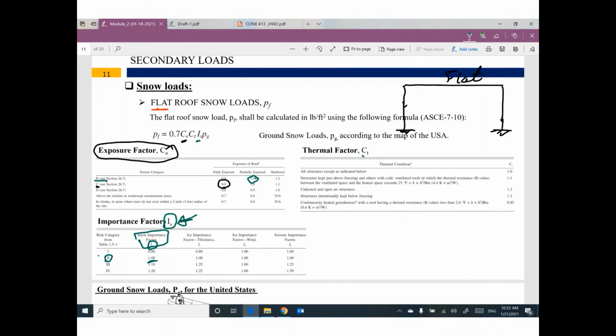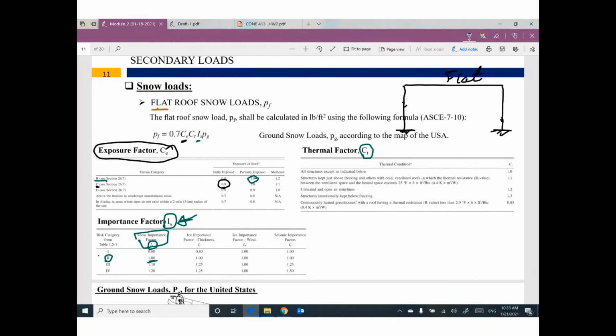CT is the thermal factor. Based on what's going on with the structure during freezing or heating, we can figure out the value of CT.